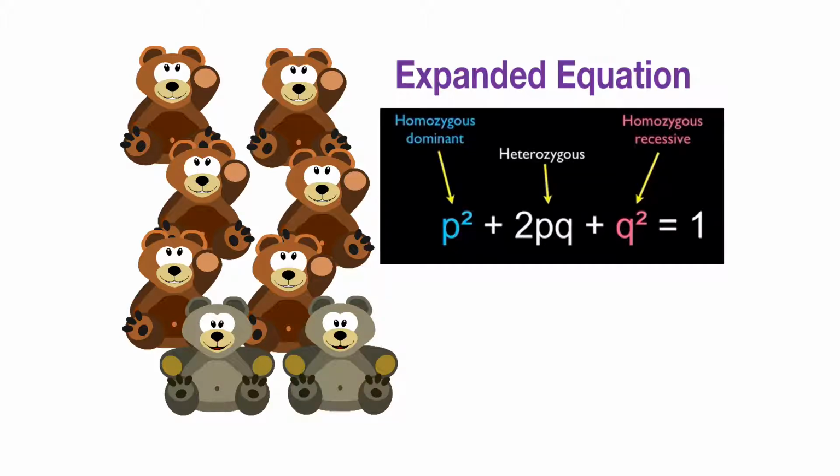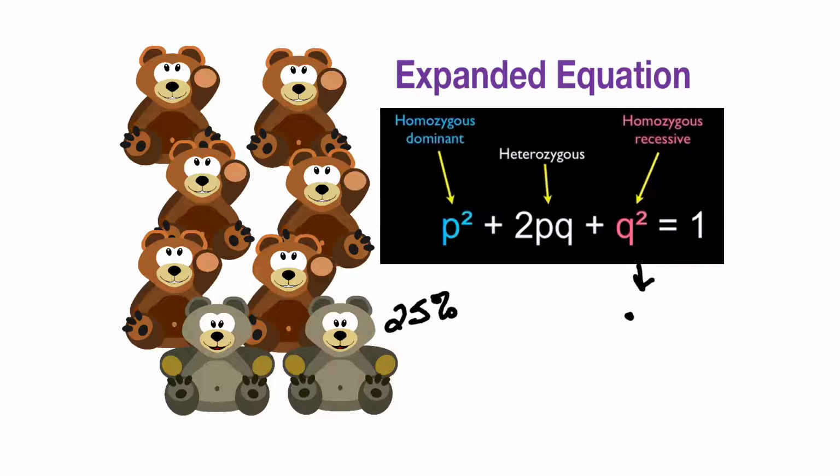We can't see inside these brown bears and tell what their genotype is, but we do know that these little gray bears are homozygous recessive. So let's use that. So 25% of these bears, or 1 out of 4, are gray. So that makes our homozygous recessive number 25%, but we don't want to state it as 25%.